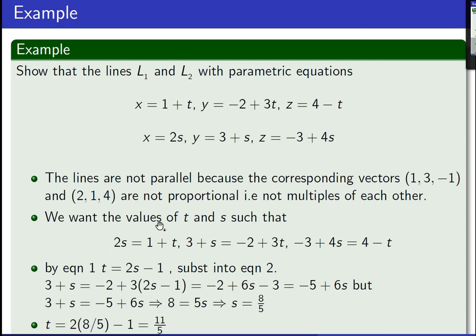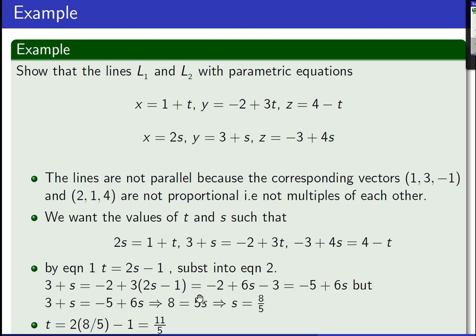For instance, using the first equation, 2s = 1 + t, we have that t = 2s - 1. We have two unknowns in two equations, which means we can uniquely solve for s and t without even looking at the third equation.